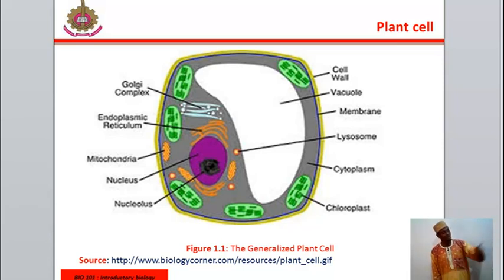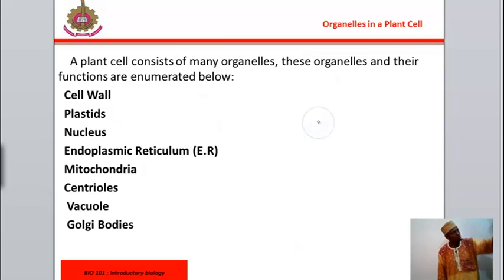The materials that go into the cell are allowed to go in through the cell wall and come out of the cell through the cell wall. Beneath the cell wall is the cell membrane, which is also a barrier like the cell wall. It is found below the cell wall.